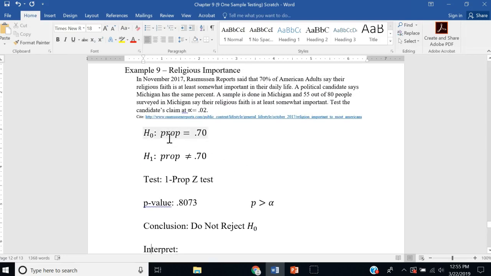Now, what are we saying when we do not reject H0? This proportion stood for the proportion of people in Michigan who say their religious faith is important.